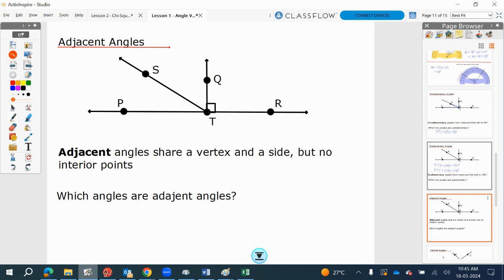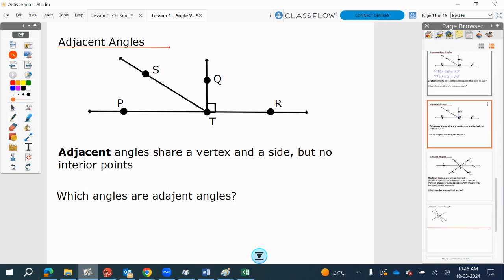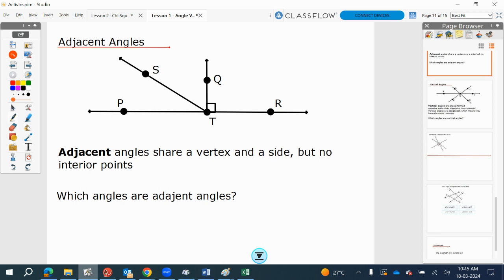Write down your definition for adjacent. So adjacent angles share a vertex and a side, but no interior points.